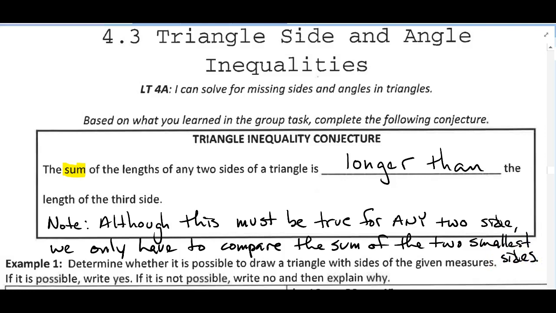Alright, so when we go through these examples here, really we're just going to be looking at the smaller two sides.